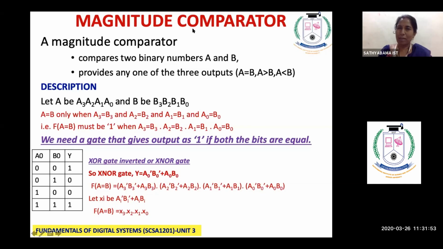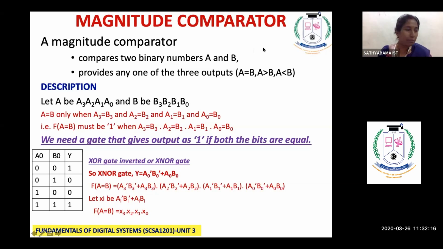Again, you should ask, ma'am, for comparison, can I use a subtractor? Because when you use a subtractor, you can say whether two numbers are equal to each other, whether the first number is greater or the first number is smaller, right? Already we have studied subtractor, then why are we again studying comparator?